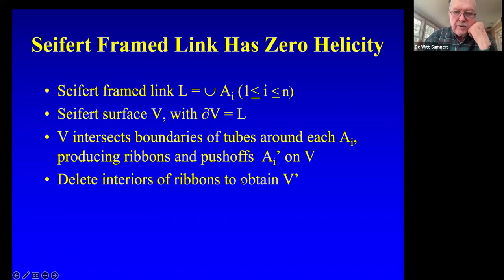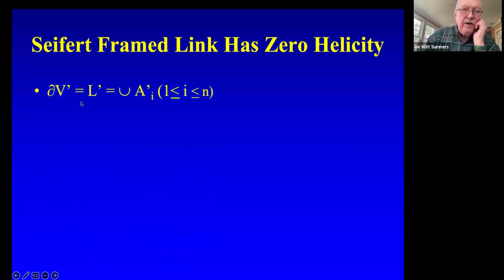I delete the interiors of the ribbons to obtain V prime. So it's the trimmed Seifert surface, which is living sort of in the bounded complement of the link. The boundary of V prime is the union of all these push-offs.